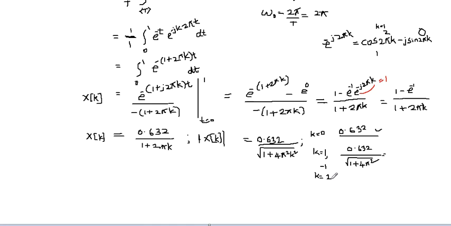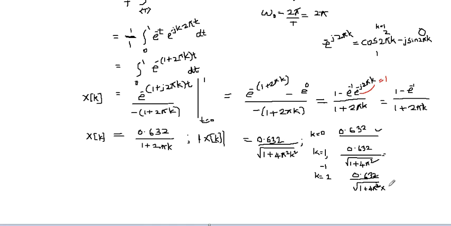So for k is equal to 2, its value would be 0.632 divided by root of 1 plus 4 pi square, but the k is 2. As k is 2, 2 square would be 4.